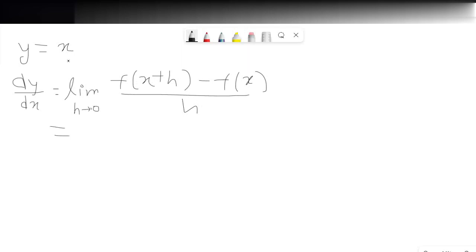So if our initial function was x, then f(x plus h) must be x plus h as well, and f(x) is already x.